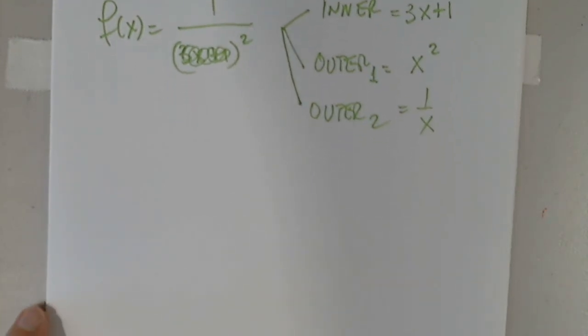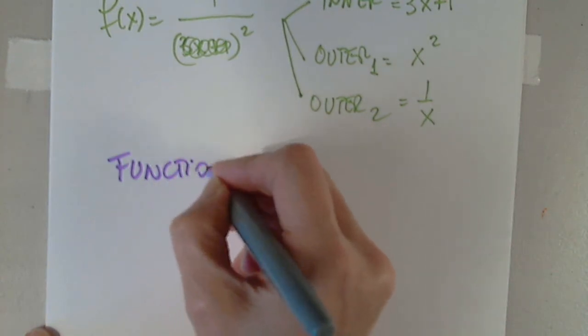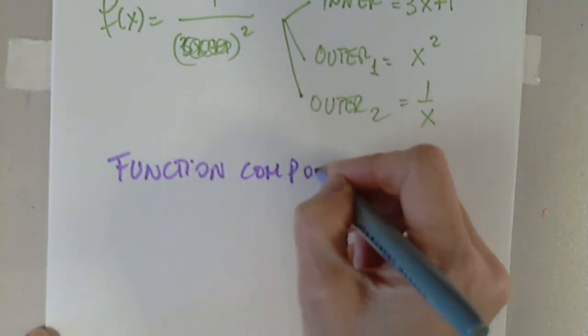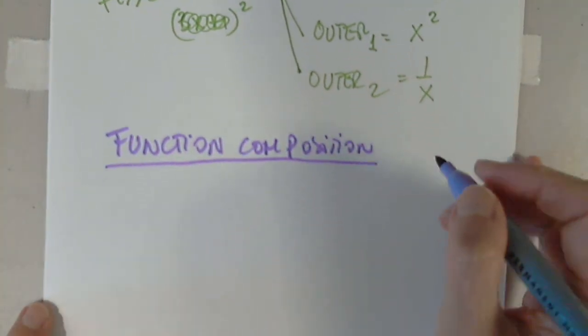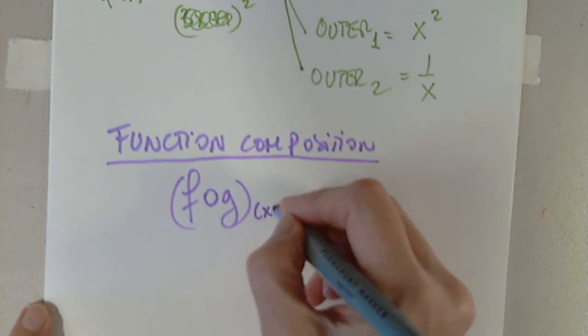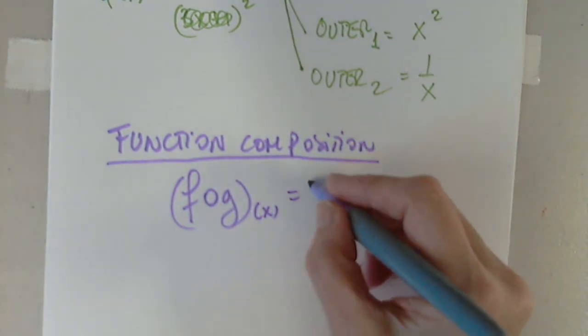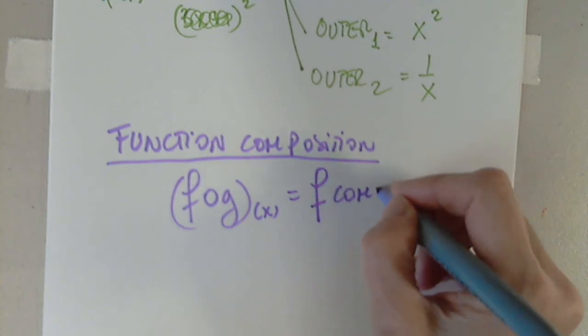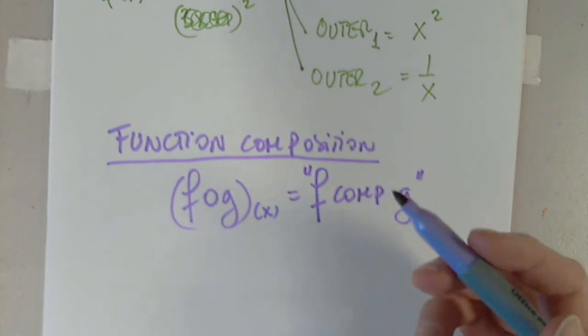So let's go back to two functions. The function composition, the general situation, is f comp g. This is a circle, not too big, not too small. It is read f comp g, which means the composite of f and g.